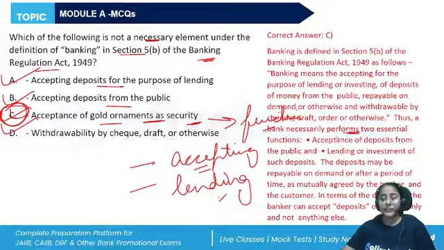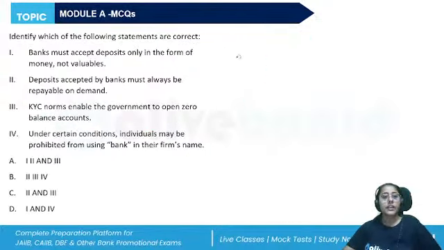A bank necessarily performs two essential functions: acceptance of deposits, and lending or investment. These deposits are repayable on demand, and are deposits of money only from the public, not any valuable item. All right, so this is the definition. The correct answer is C. All right, next question.